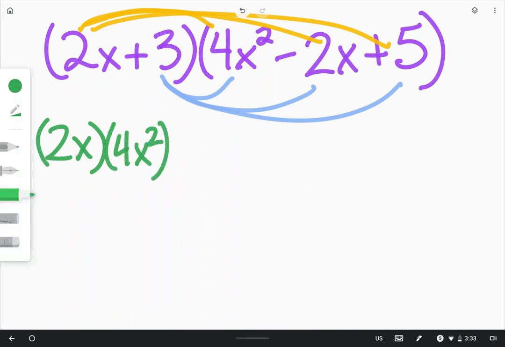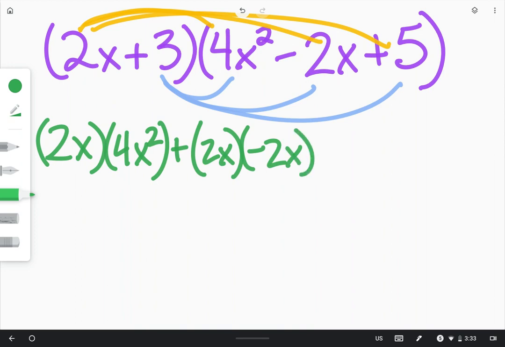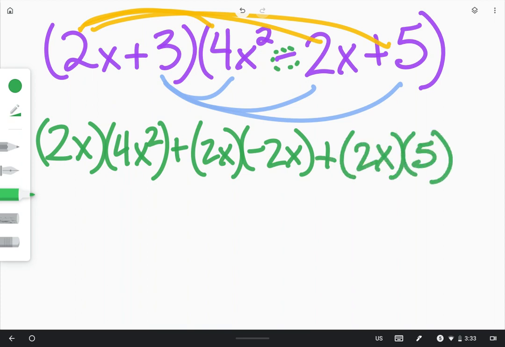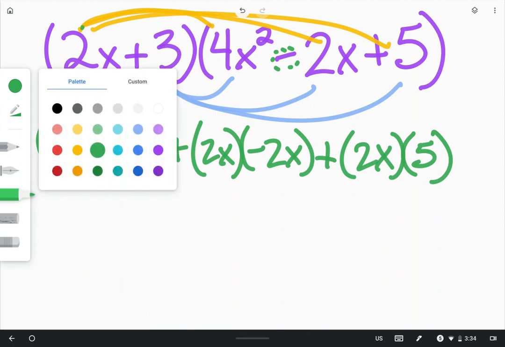I'll just write a row here that shows what's happening: 2x times 4x squared, and then 2x times negative 2x, and notice I'm taking this sign with me, and then plus 2x times 5. That's just what's in yellow, the 2x times each term. Then we have to do the same thing with the 3.